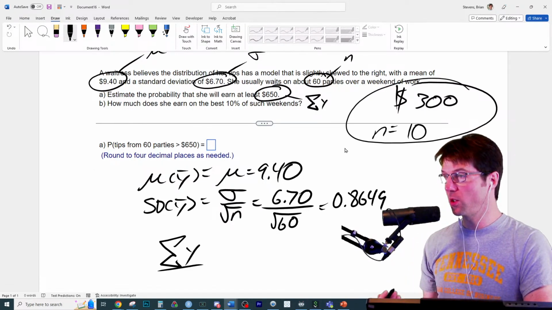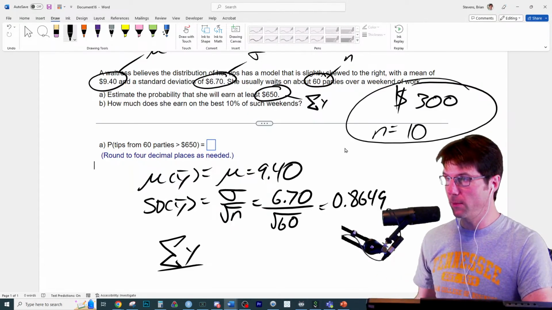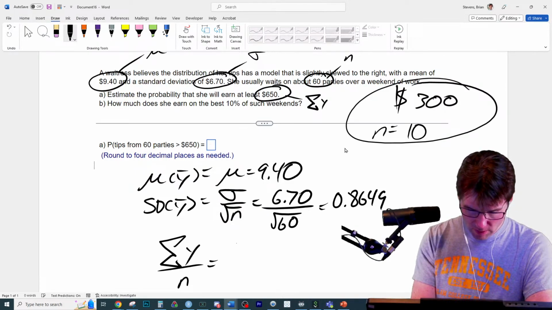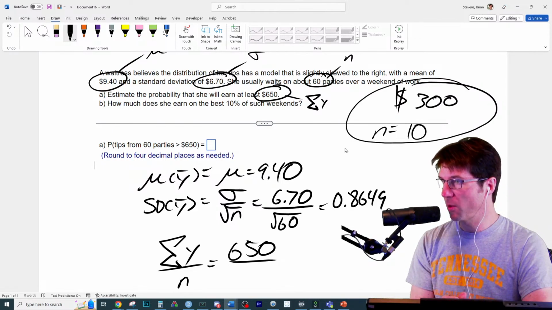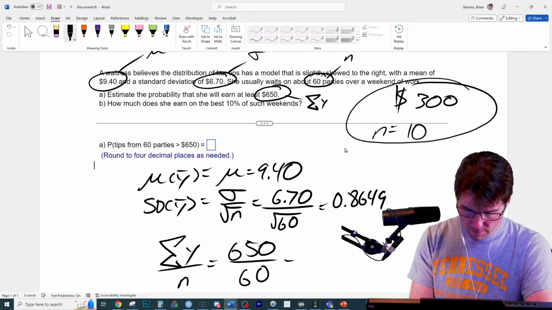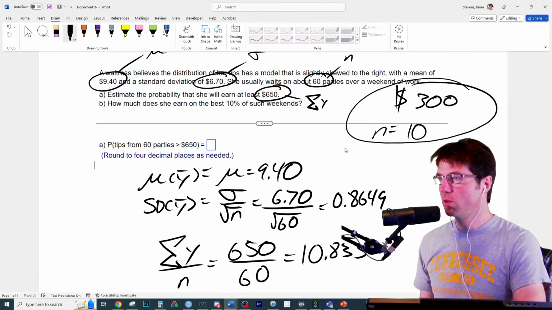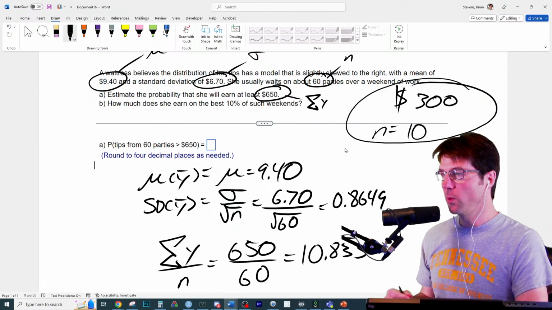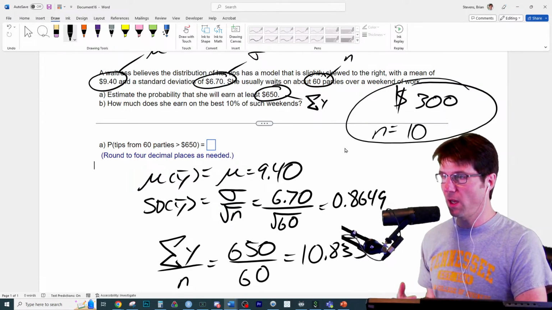You'd say, I'd need to average this amount per table, which is what we're doing down here. Sometimes when it's nice, neat numbers, it makes sense to be like, okay, I see what's going on. So if we wanted to make $300 and we only had 10 tables to wait on, we'd have to make $30 per table on average.